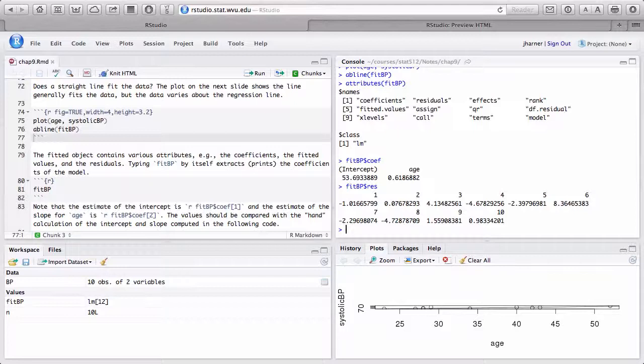As long as I go far enough that it's unique, I can use partial matching. So I could get the fitted values, and the QR, which means QR decomposition in matrix lingo. The QR decomposition is an algorithm that is used by linear models to compute the coefficients. Some of those are a little more technical.